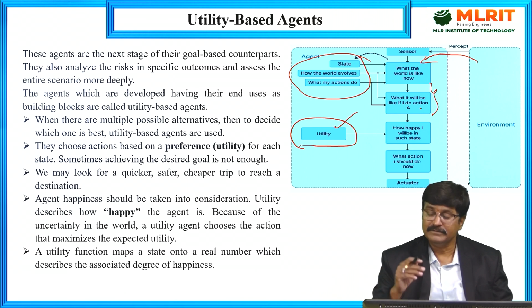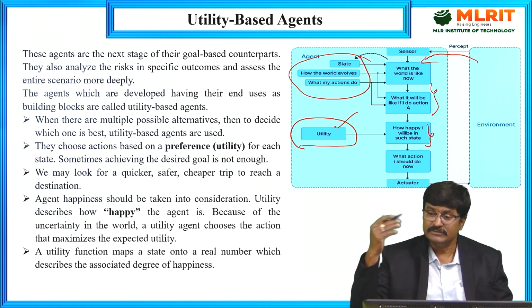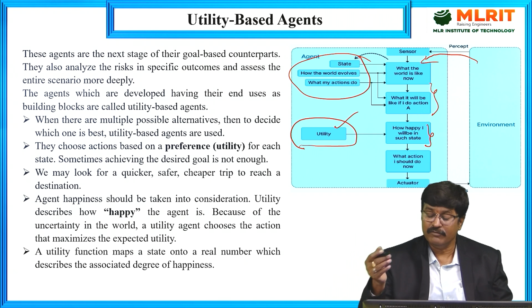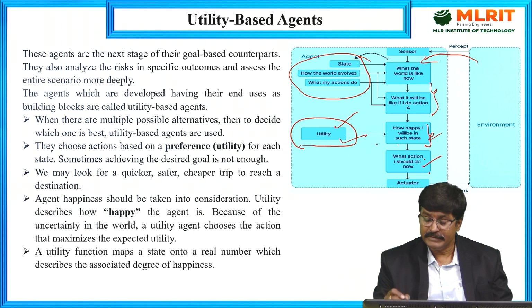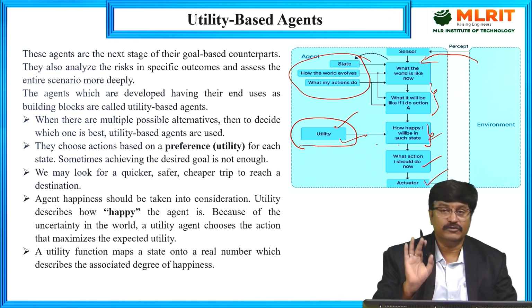If I take the action, how happy will I be in such a state, whether the present state or the next state? So based on the utility function, whichever matches, based on the function only, I decide what action to do, then the actuators do the actions on the environment. So it is purely utility-based.